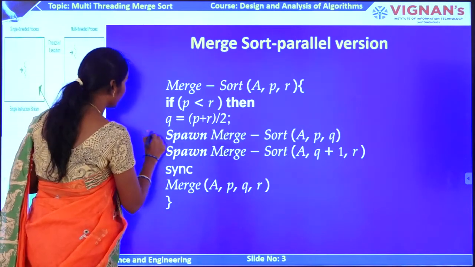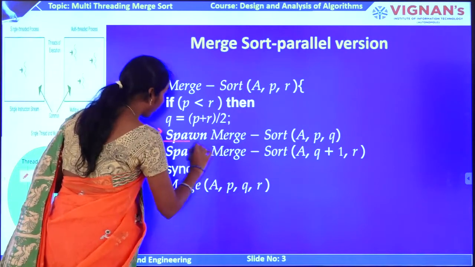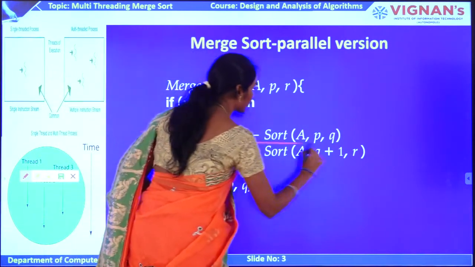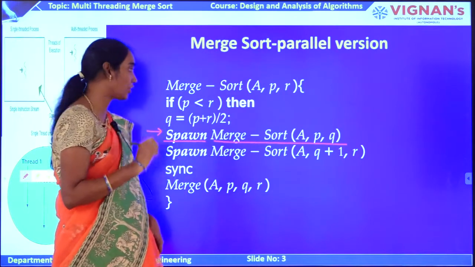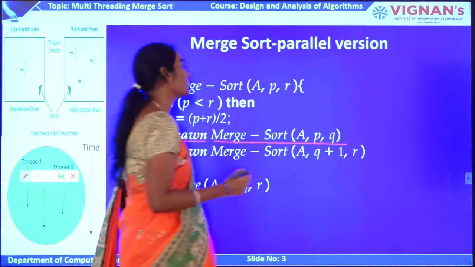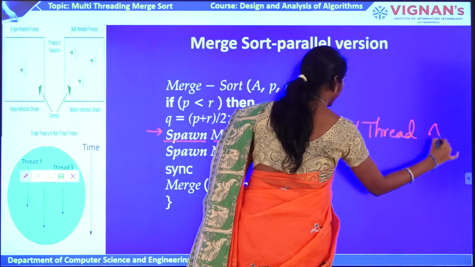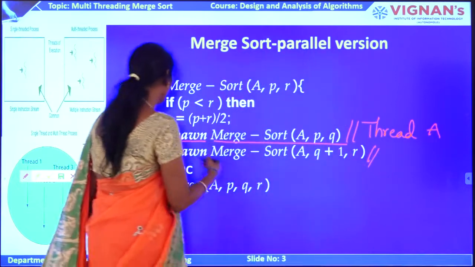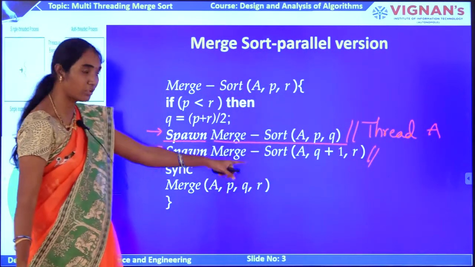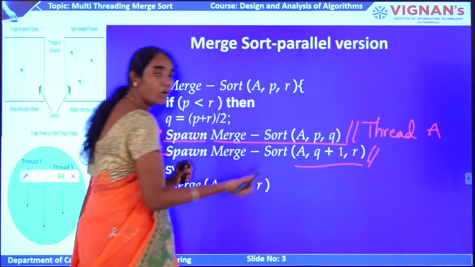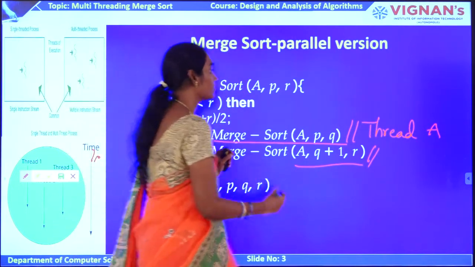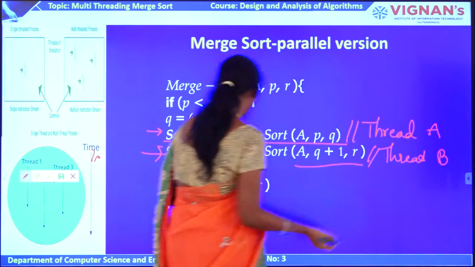Now here I am applying spawn on merge sort of A comma P comma Q. This is my thread A. Now spawn of merge sort of A comma Q plus 1 comma R, which is another list. This is my thread B.